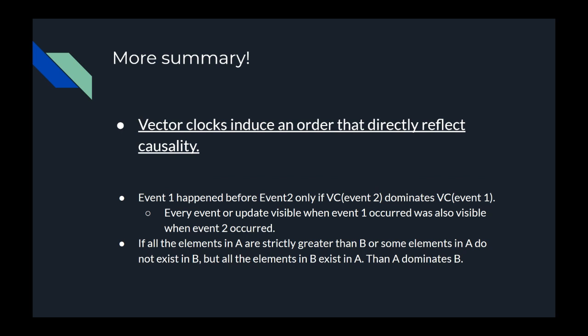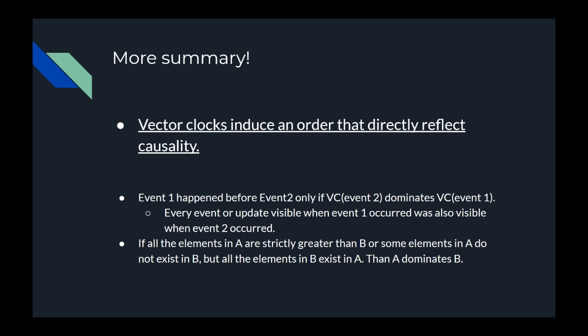Now, the big takeaway here is vector clocks can induce an order that directly reflects causality. Event 1 happened before event 2 only if vector clock 2 dominates vector clock 1. I'll just read this: every event or update visible when event 1 occurred was also visible when event 2 occurred. So think about this.